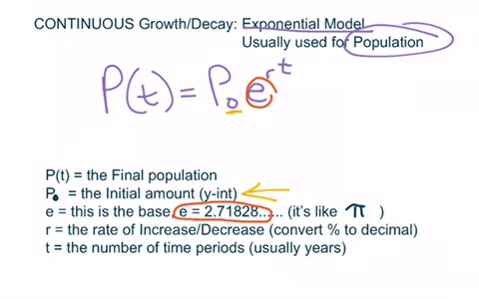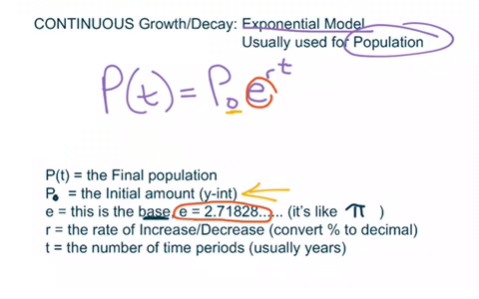It has an actual value. It is always the same value. It's approximately 2.71828, but just like with pi, if we use 3.14 for pi, it changes the actual value. On your calculator, there is a place that we can bring up E, and I'll show you that in class.